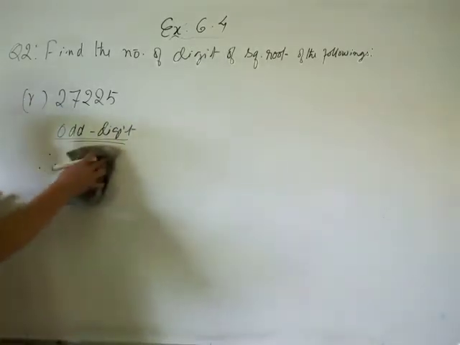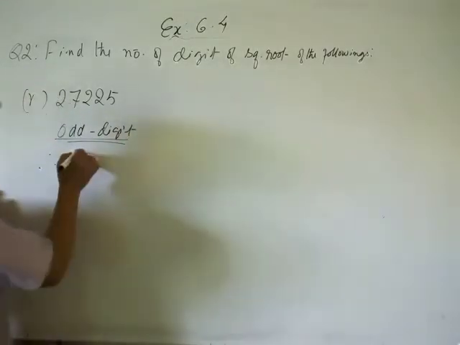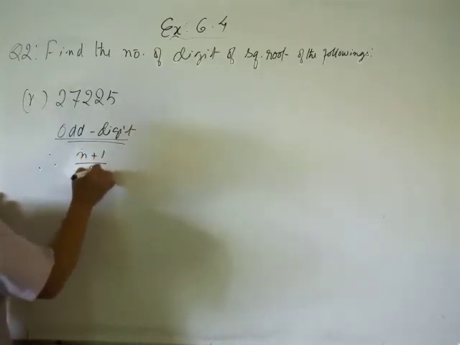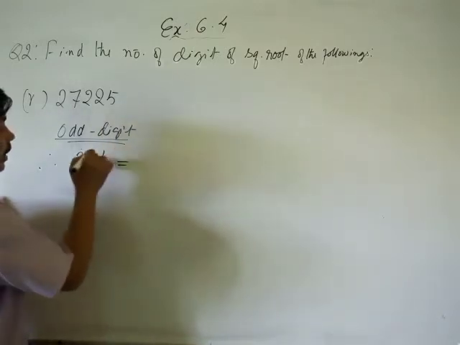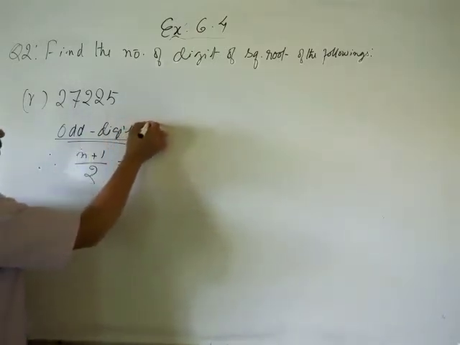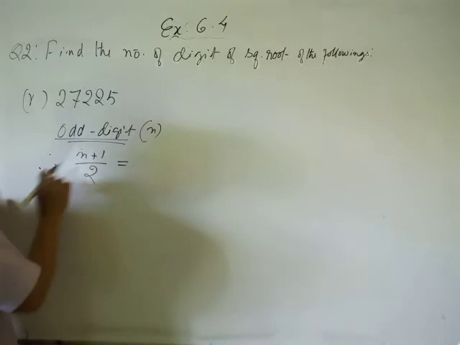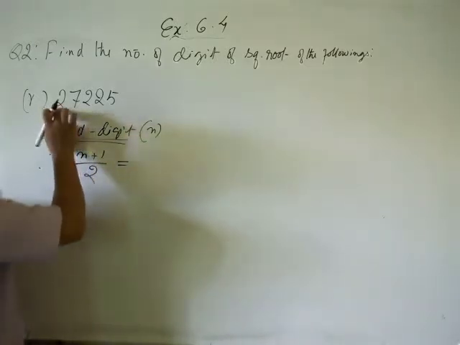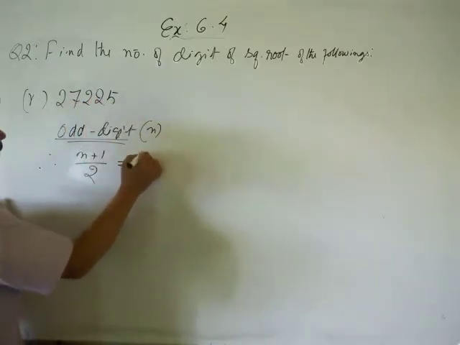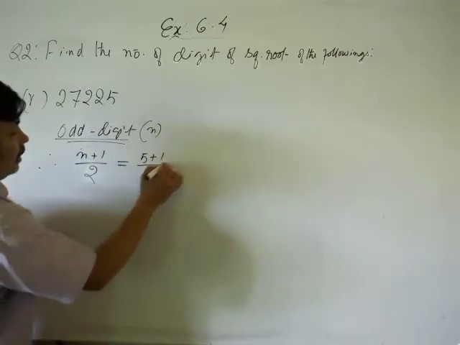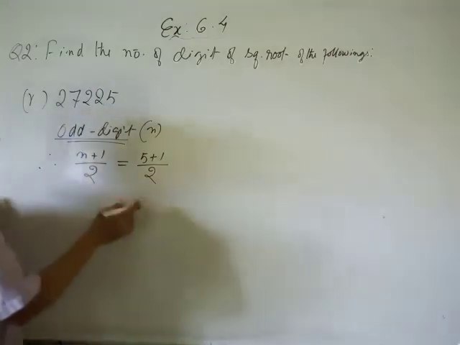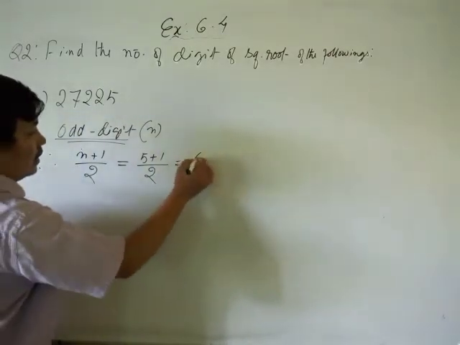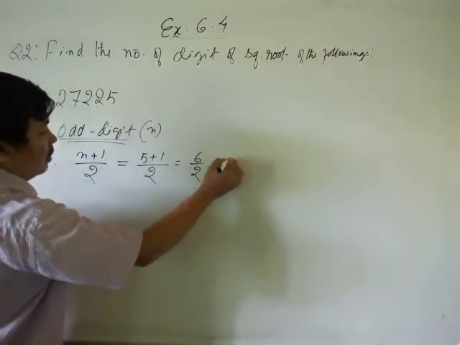We know that (n plus 1) by 2 is equal to the number of digits of the root, where n is the number of digits, which is odd. Here n is 1, 2, 3, 4, 5, so 5 plus 1 divided by 2, that is 6 by 2, which is equal to 3.